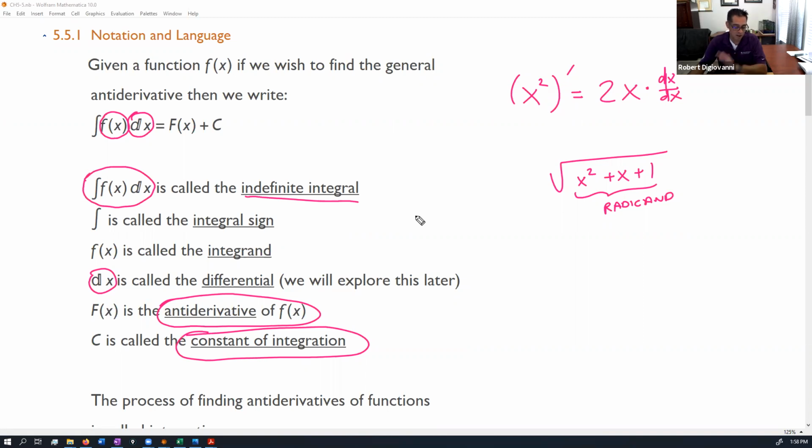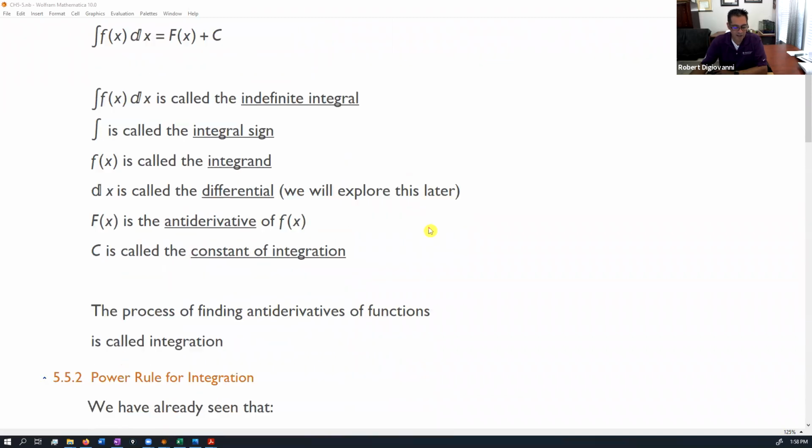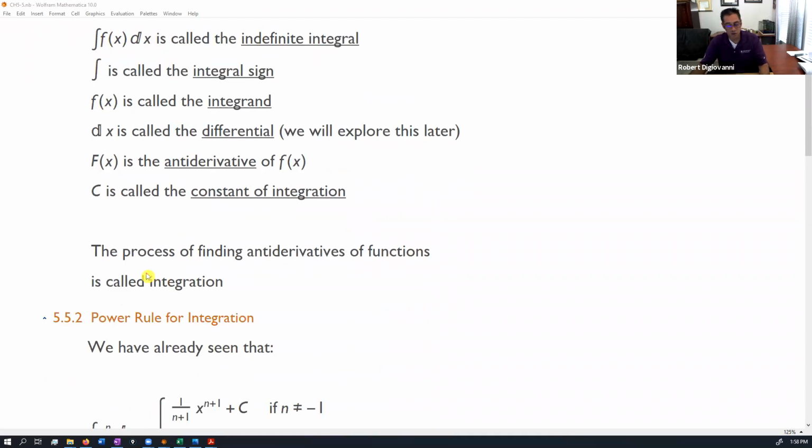These are indefinite integrals. And again, that will be clarified later. The process of finding antiderivatives of functions is called integration. So in Cal 1, most of your time is spent doing differentiation. In Cal 2, you spend almost all of your time doing integration, which is the process of finding antiderivatives.